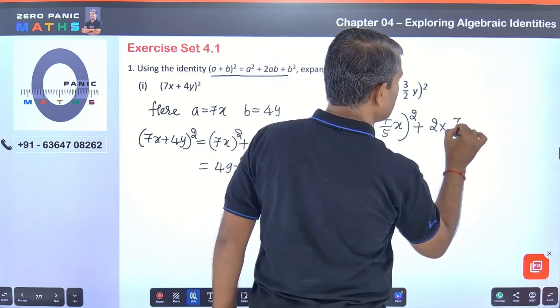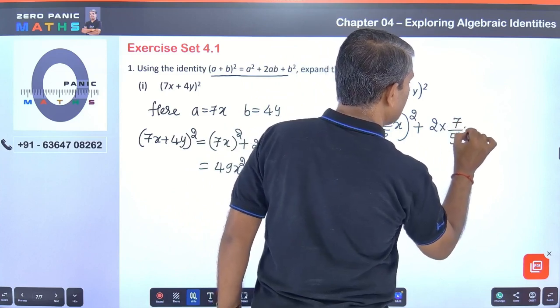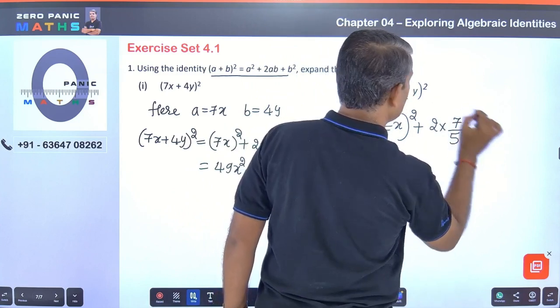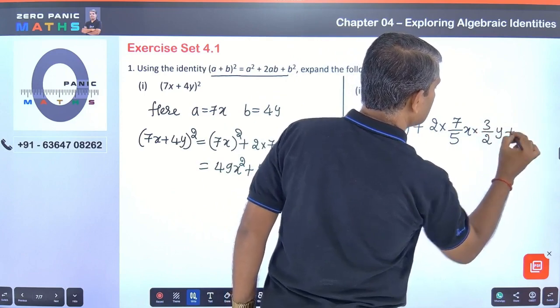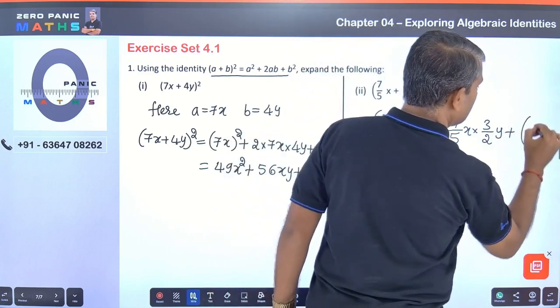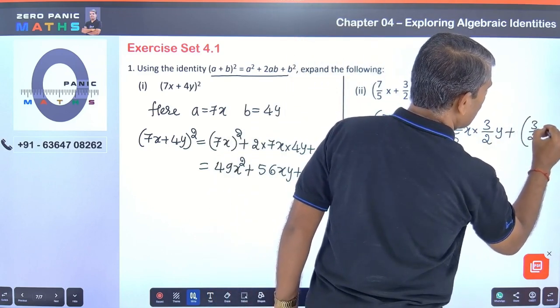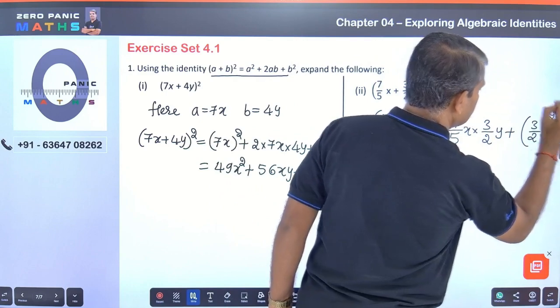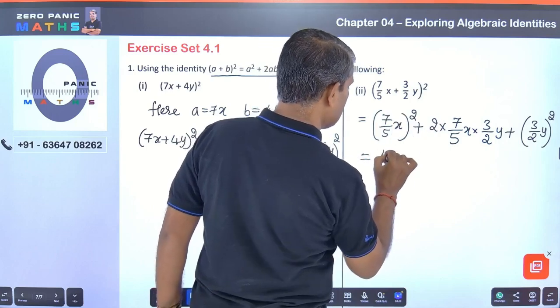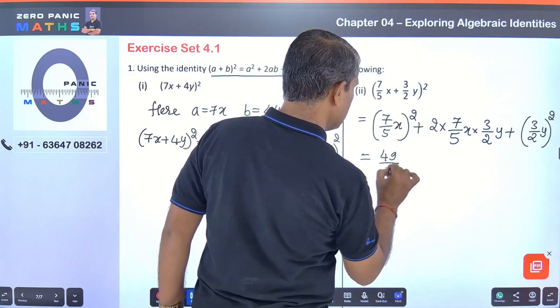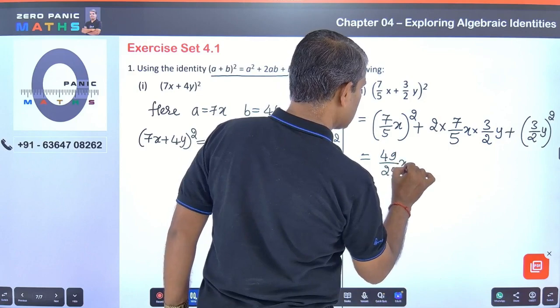A is 7 by 5 x, and b is 3 by 2 y, plus b square, that is (3 by 2 y) whole square. Okay, 7 by 5 squared, that is 49 by 25 x square.